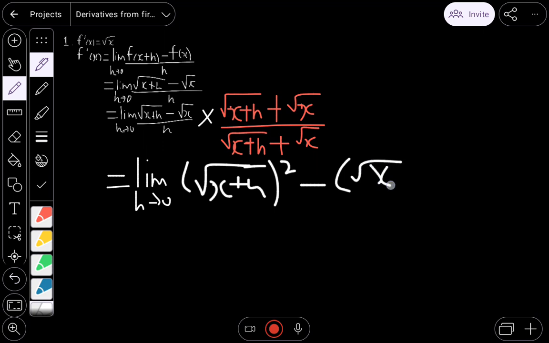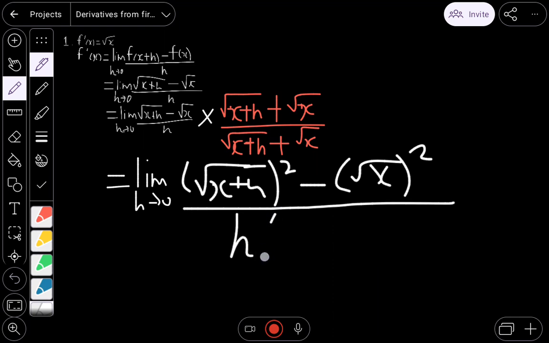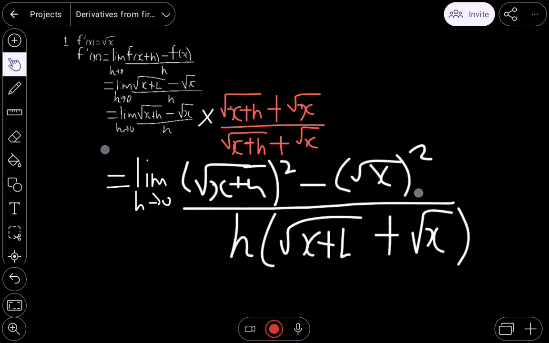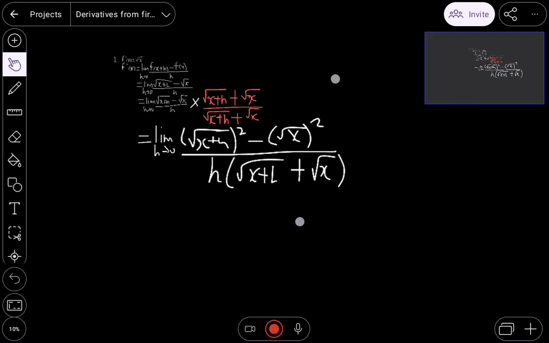So this is the square root of x squared, all divided by h multiplied by the square root of x plus h, then plus the square root of x. I can't move this while it's in, so I have to do this, then move this whole thing here.